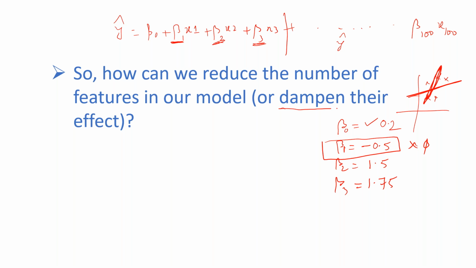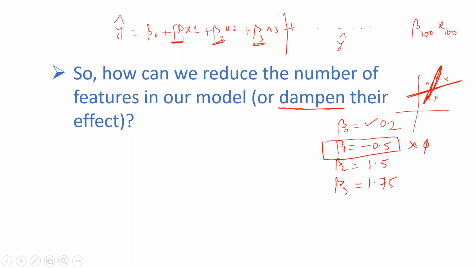That is what we are calling dampen. Keep these two words. Either totally remove, means make these coefficients 0, or make these coefficients very small. Let the feature be there in the equation, but let its impact be very, very minimal. So far, are you with me?